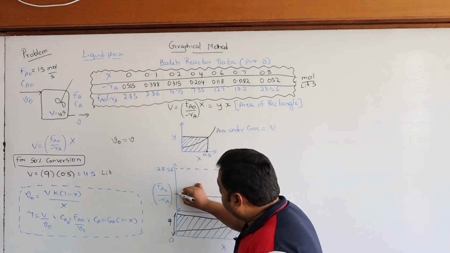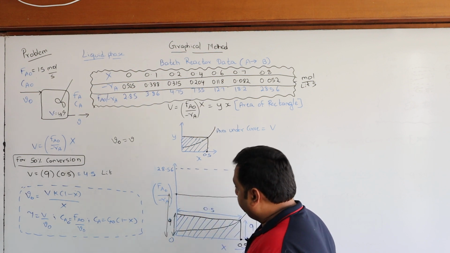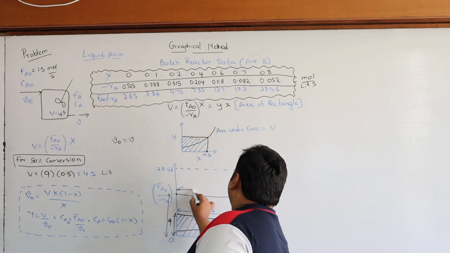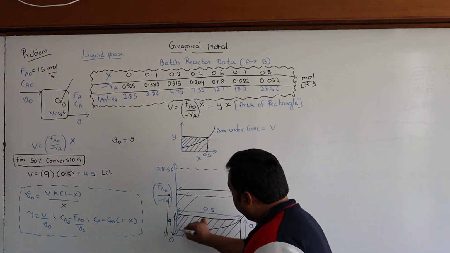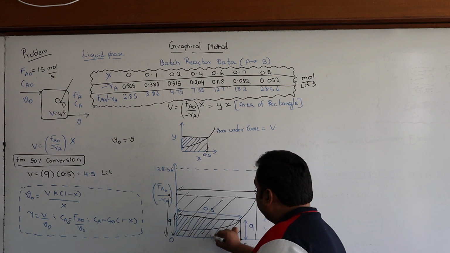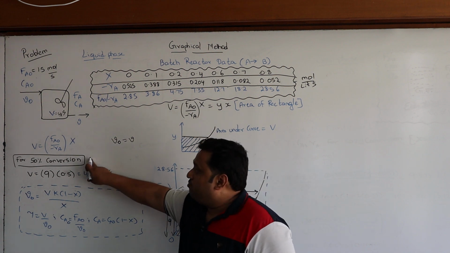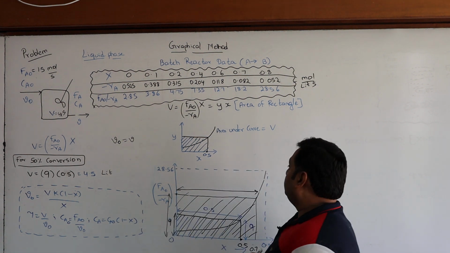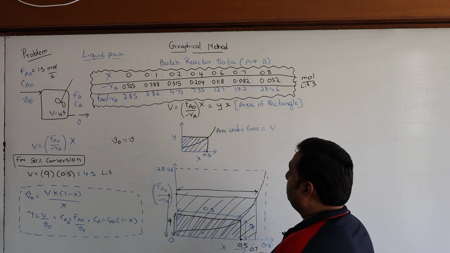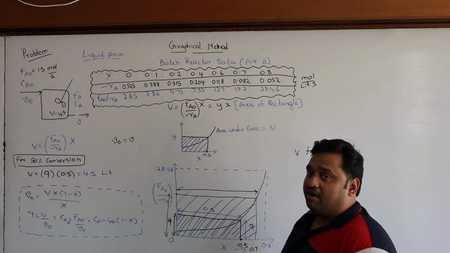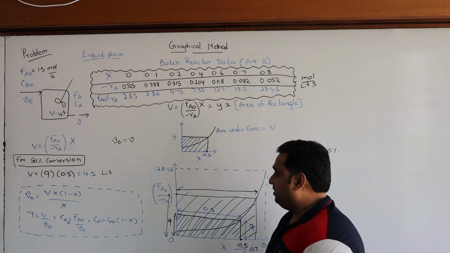Mark that length and this length. The entire area of the rectangle is the volume for 70% conversion, so you have to count this bigger rectangle.